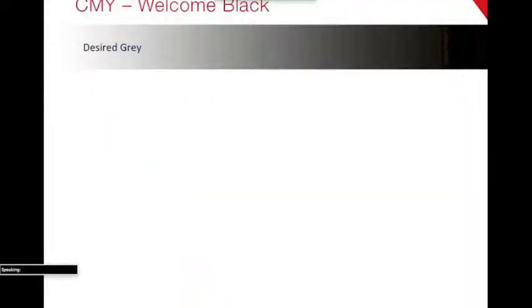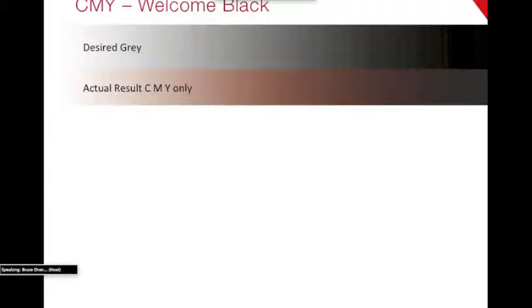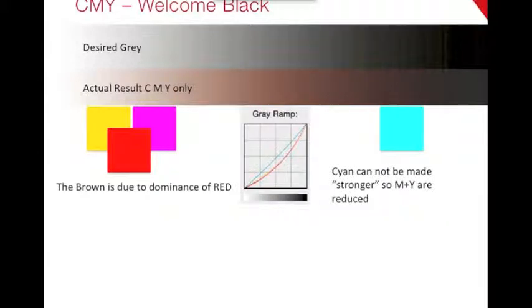In fact, when we do produce even values of CMY, what we see is a warm brown result. You can measure the reason why, or you can deduce this logically, and the reason for that is the brown is caused by the dominance of red.